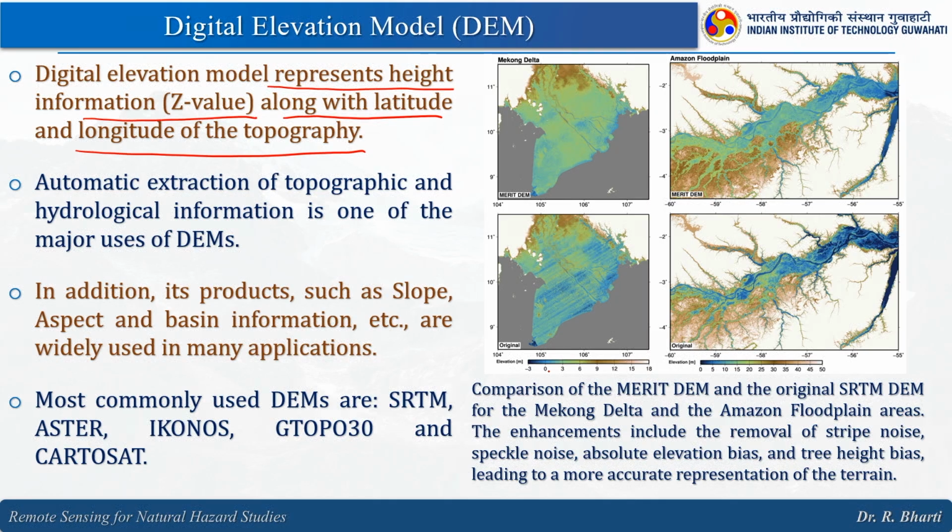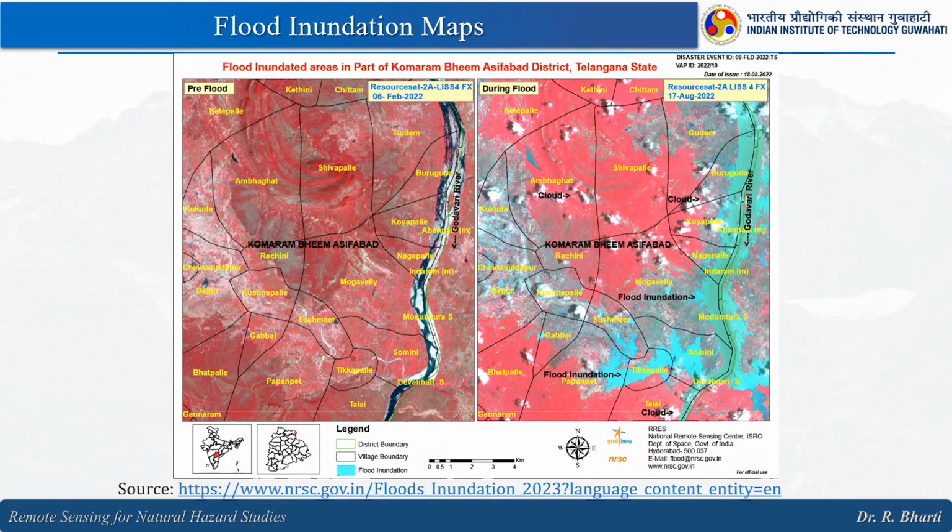Slope, aspect and basin information are extracted, and the watershed boundary can be delineated using this digital elevation model. Many digital elevation models are available nowadays freely in the public domain. You just have to register and download the data.